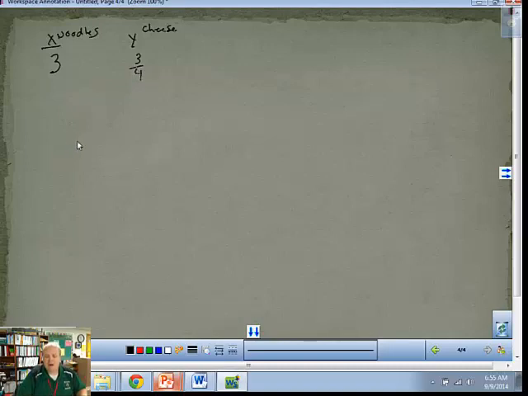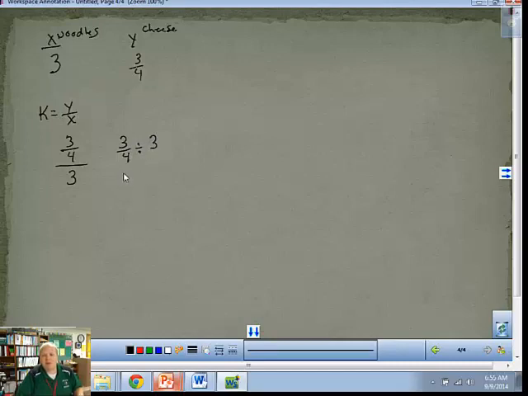Now there's 2 ways to do this. I could find my constant, which we know how to do, which is K equals Y over X. So my Y is 3/4 divided by 3. So I'm going to go horizontal like we did yesterday in class. 3/4 divided by 3.